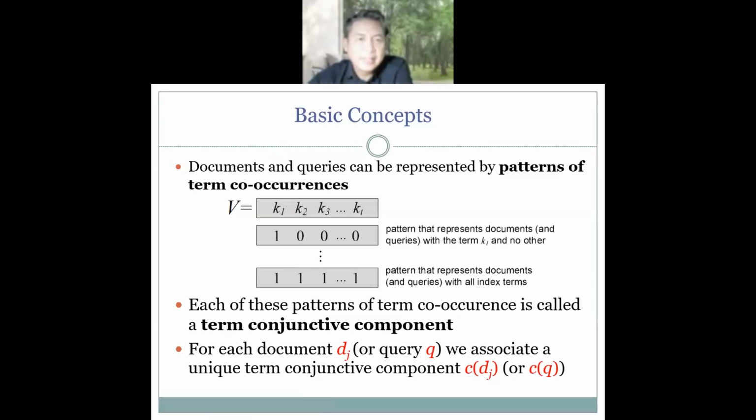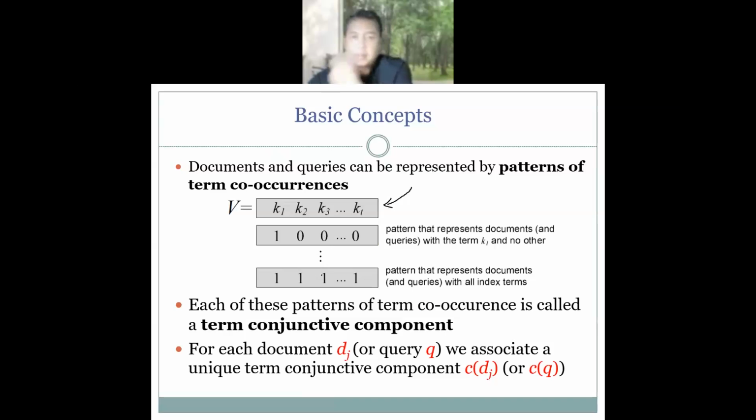Now, since we have this vocabulary concept, when we want to define the content of the document, normally we use the pattern of term occurrence. Since in a computer we only have 0 and 1, we list out all the vocabulary here, and then we use 1 and 0 to indicate whether that keyword exists in that document.